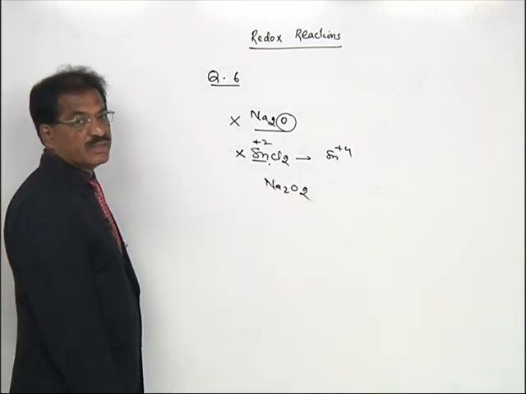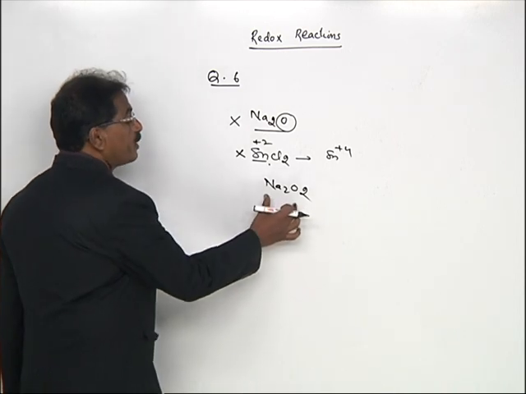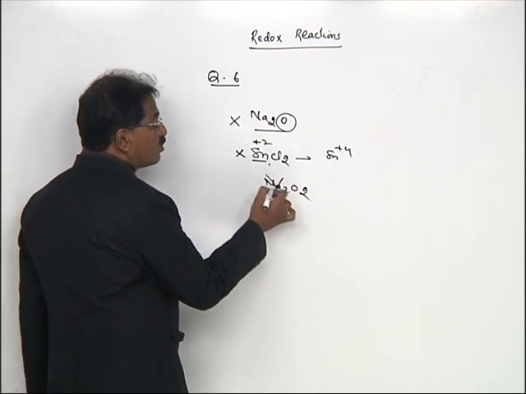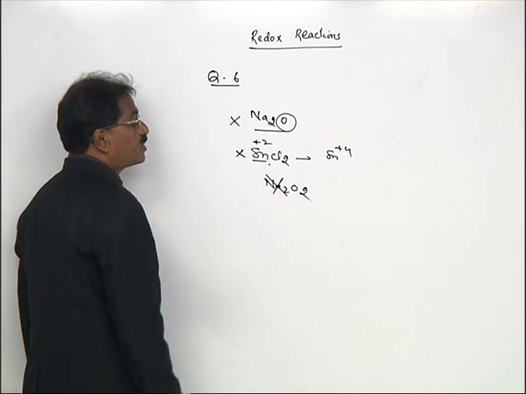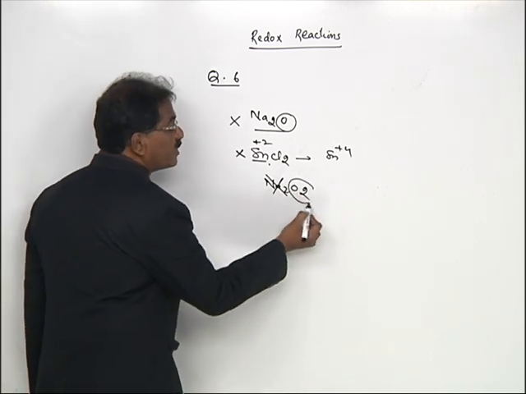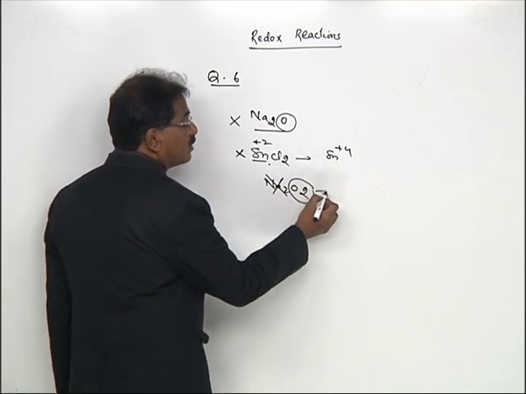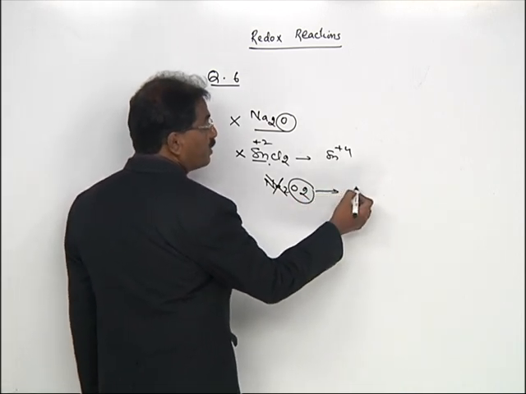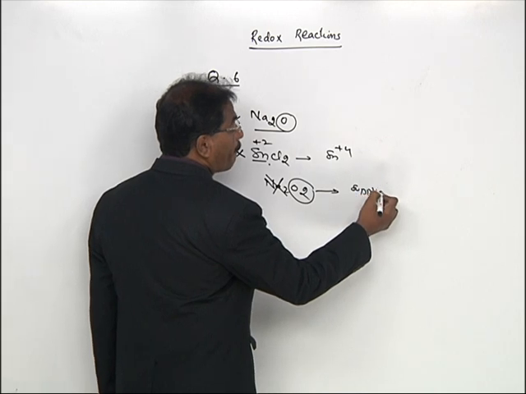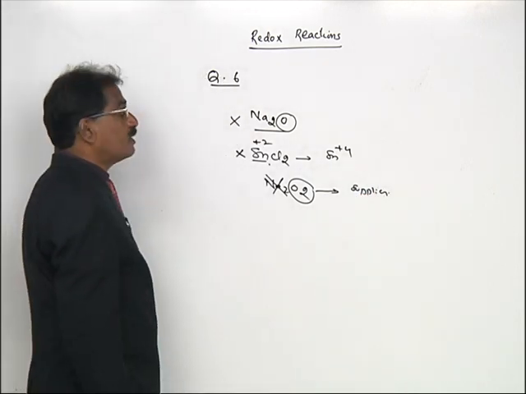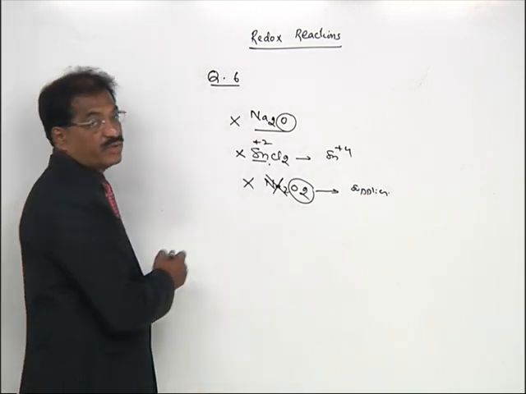Here in sodium peroxide, sodium does not undergo either oxidation or reduction. Only the peroxide ion can undergo oxidation. This peroxide ion can act as an electron supplier only. Therefore, again it won't act in both ways.